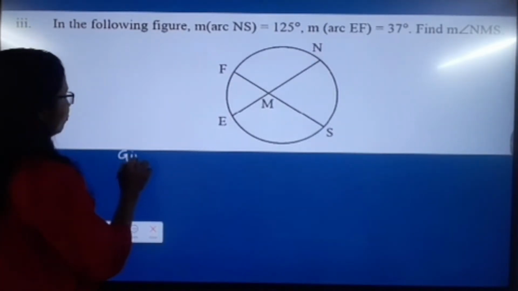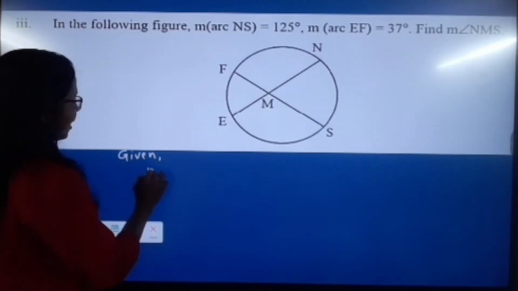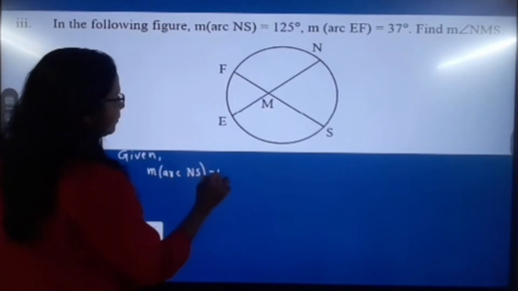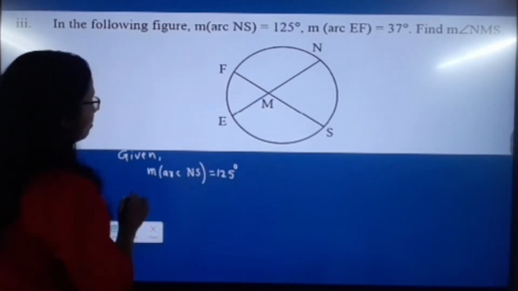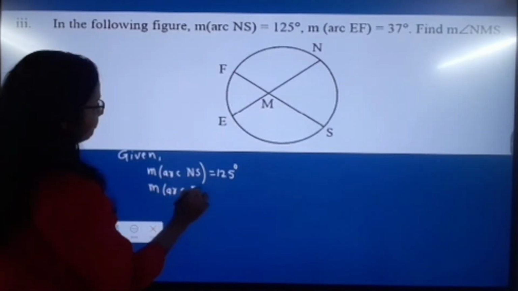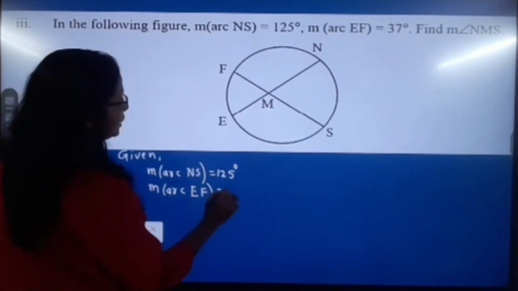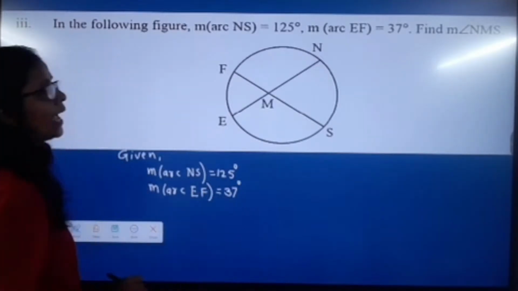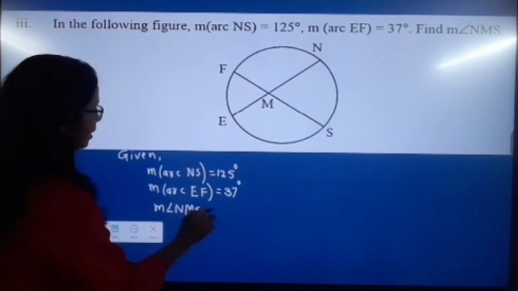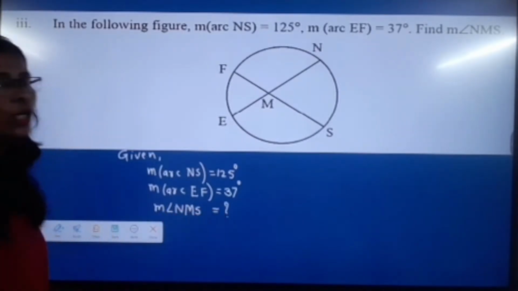In the given we write down major arc NS is equal to 125 degree. Major arc EF is equal to 37 degree. And then we have to find angle NMS. Angle NMS is equal to question mark.